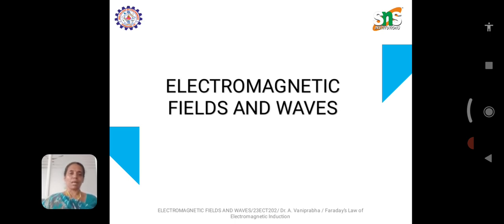So the bulb glows either brighter or less bright, or even off, based on the movement of the wire, right? Okay, so this is nothing but the alternating current. What we get from this setup is the alternating current.